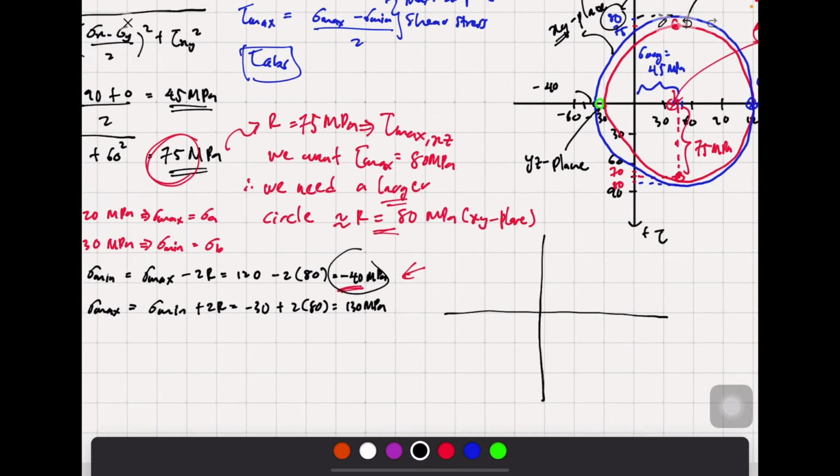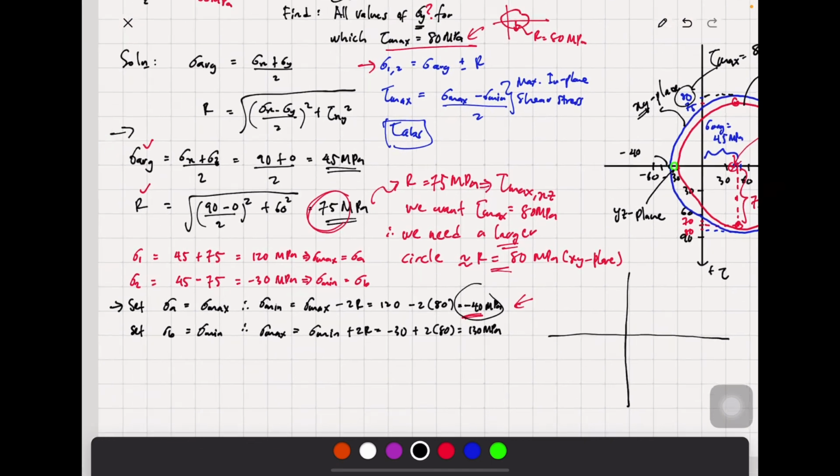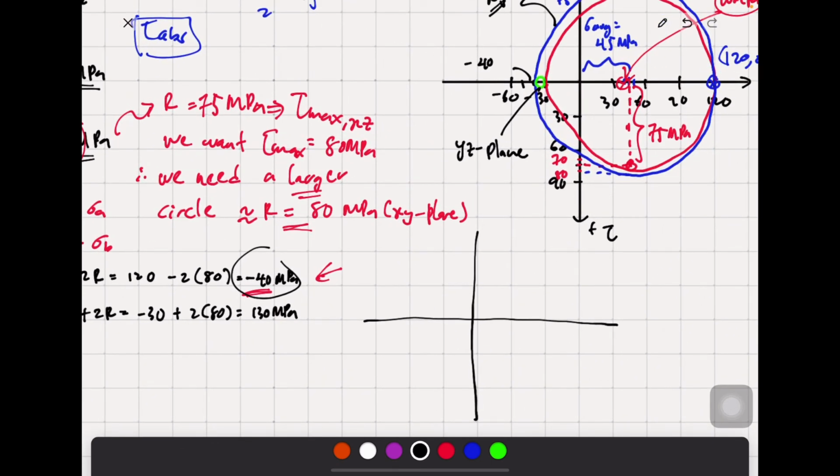If I'm choosing sigma b as the sigma mean, right? So if negative 30 was selected, I'm going to draw, of course, the 120 and 120. Just a simplified circle I'm going to create out of this. Hopefully that looks circle enough, right? So I'm going to label this 120. This is 120 megapascal.